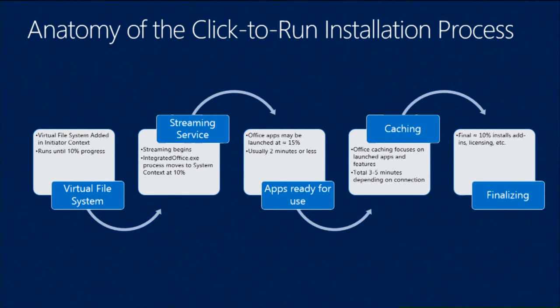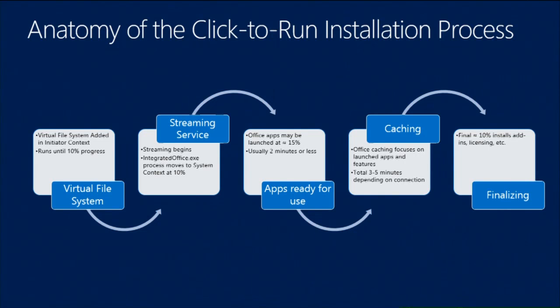And it will tell you in the white window, here's Office, welcome to it, now you can start using your apps. One inside story: if you ever watch the little video that has the car driving and the guy signing into Office, I know IT pros love this. I used to when I was an IT pro. That's actually something to buy time to get more Office cached as they watch the little video, so they can get maybe 30% of it streamed before they try to launch the app.